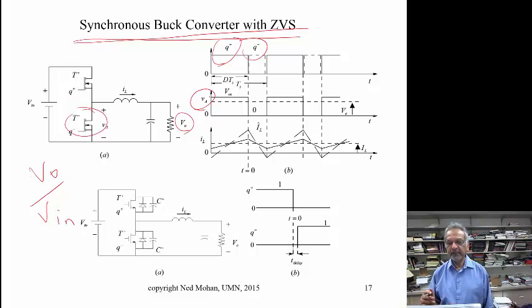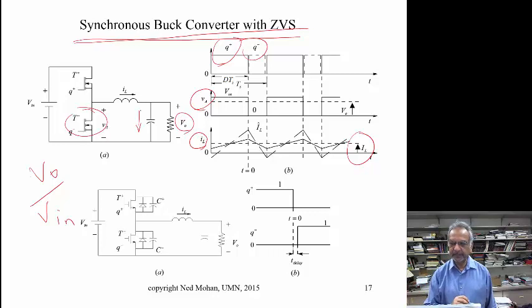So if you are using the synchronous buck converter without zero voltage switching, this IL waveform is shown by means of these solid lines here. And you can see that the average of this IL curve is the current that is through this inductor, which then is supplied to the load, because the average current through this capacitor is 0, right?